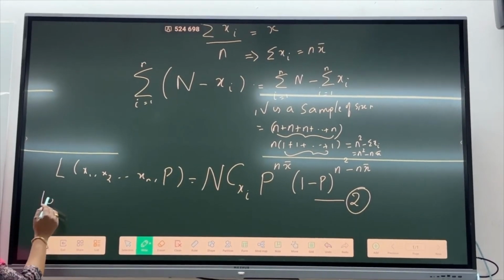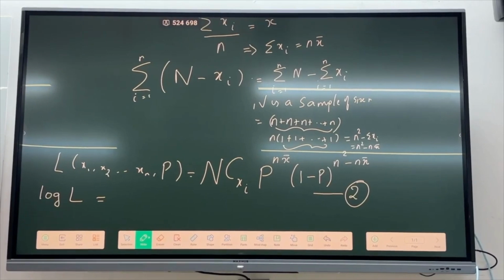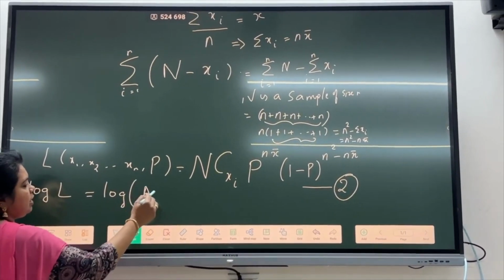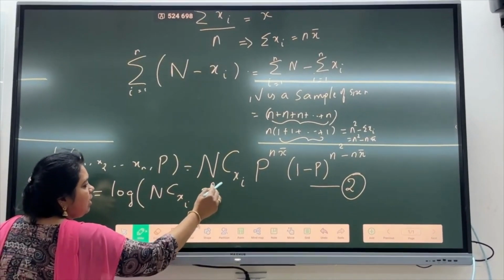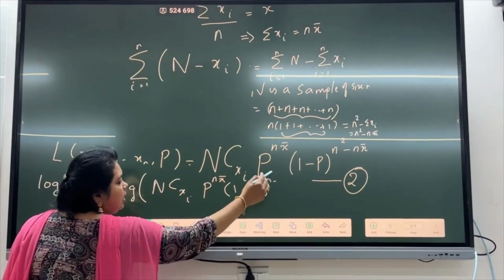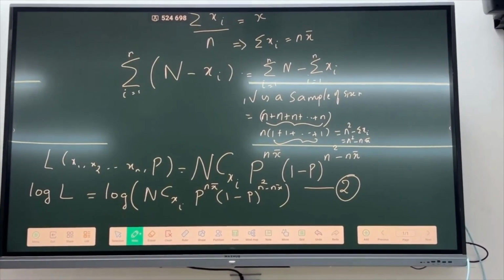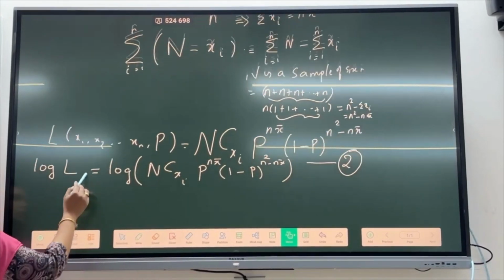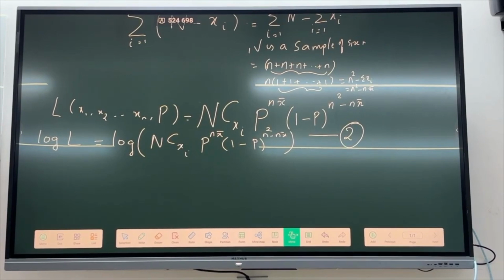So log L is the log of the full term NC xi P power n x bar times 1 minus P power N square minus n x bar. Now individually we apply the log, since this is a product.